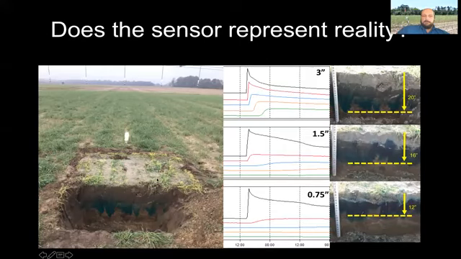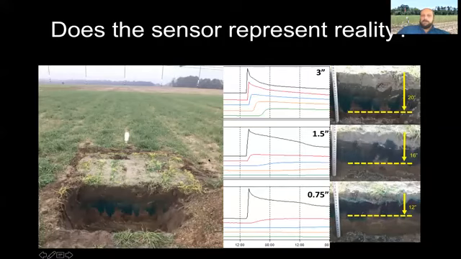I applied blue dye to the soil surface, and then I irrigated with 3 inches, 1.5 inches, and 3/4 of an inch to try to see how deep that water went. I measured it here on my soil moisture sensors, and then I also dug a hole and saw how deep the blue dye went. And so this is kind of ground truthing the sensor in reality.